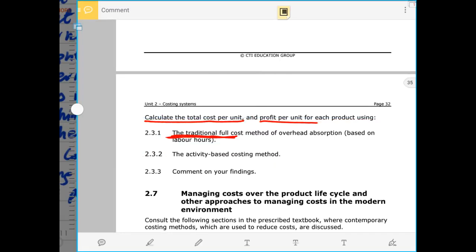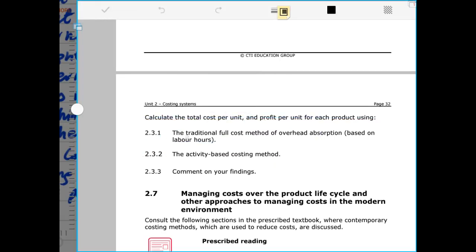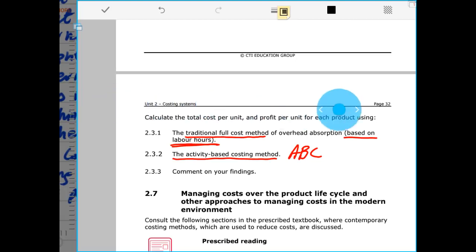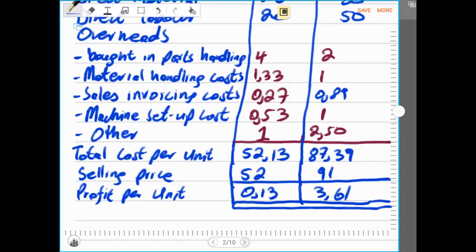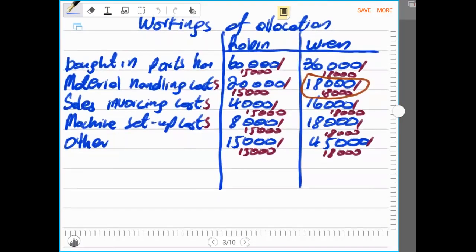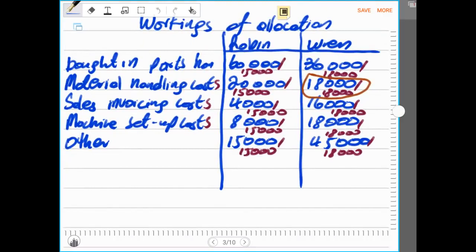We have done traditional costing, where all the overheads were allocated using the base of labor hours. Then we did activity-based costing, which is called ABC, where all the overheads were allocated using different bases. These were the workings that I did: allocated all of them in total, and I divided by the number of units.